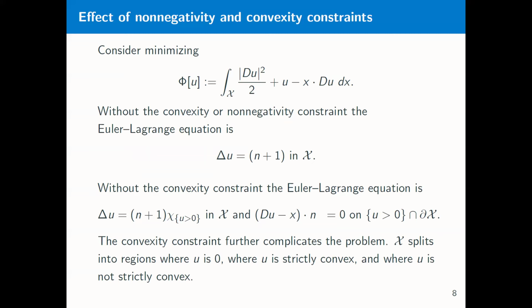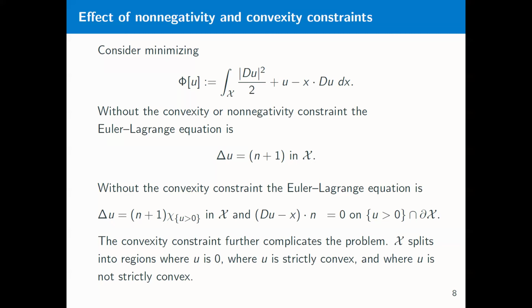So we'll have a region where your function is 0, and we've just explained that always exists. And then we'll have a region where your function is positive and it satisfies your Laplacian u equals n plus 1. So certainly just for the obstacle problem, we expect solutions of this monopolist problem to not even be C2 across that free boundary. But then things get worse because we have this convexity constraint as well.